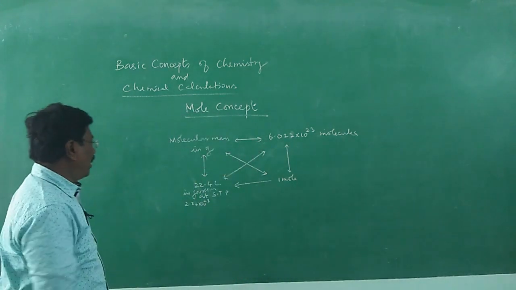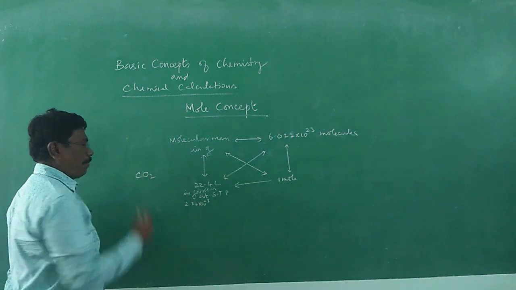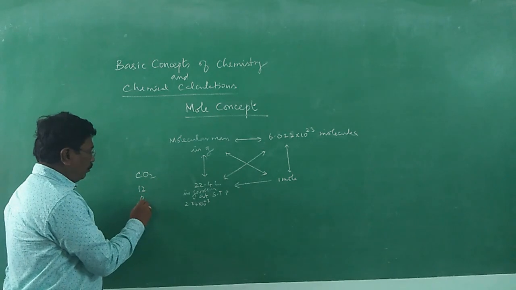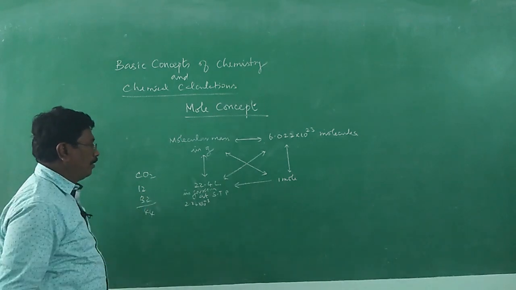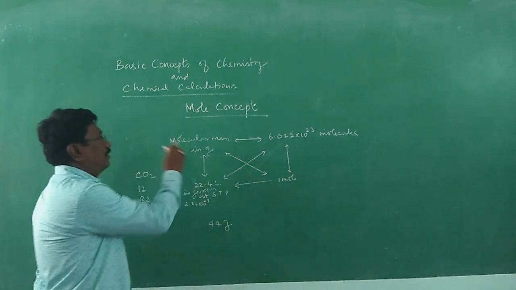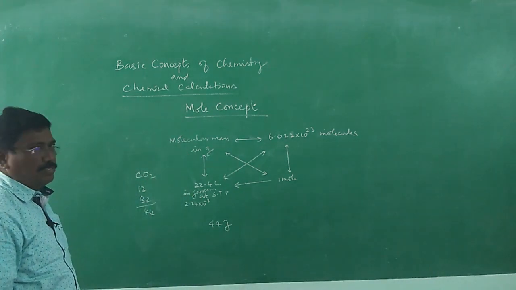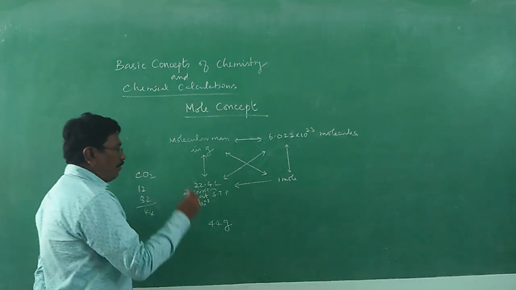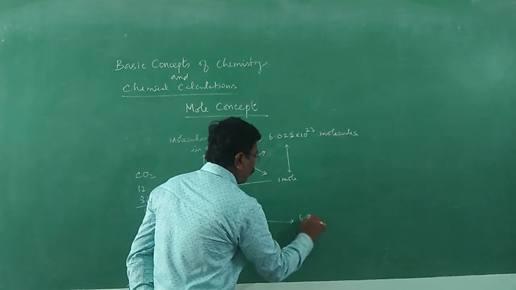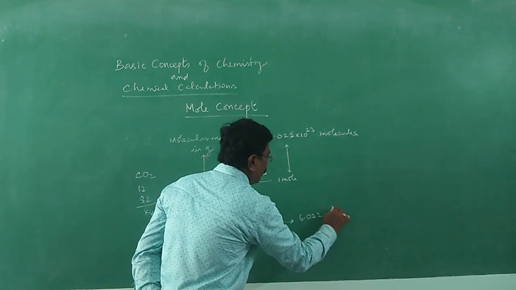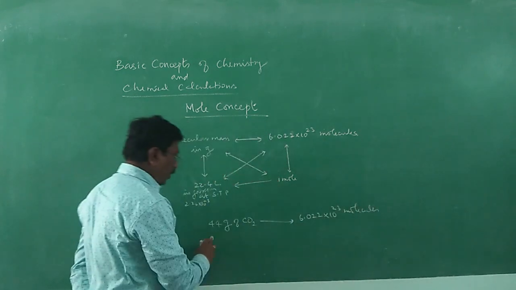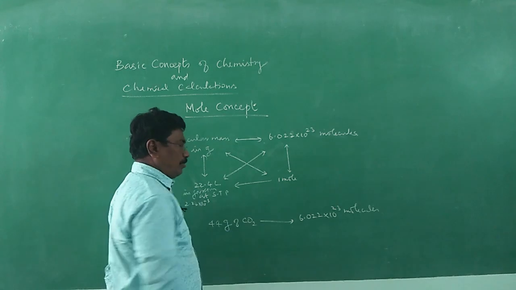How? Let me take molecular mass of carbon dioxide. Carbon 12, 2 into 16 is 32, sum is equal to 44. So 44 gram is the molecular mass. 44 gram of carbon dioxide will contain Avogadro number of molecules, 6.022 in 10 power 23 molecules.